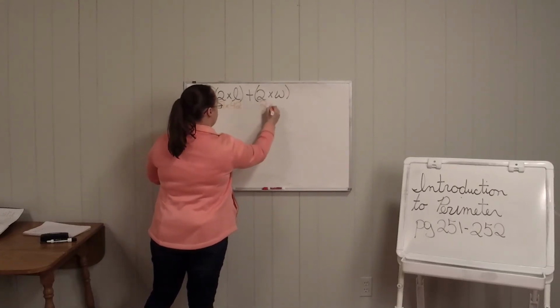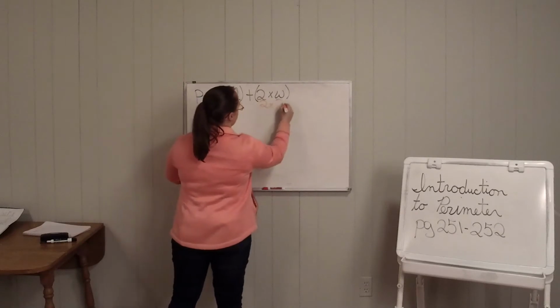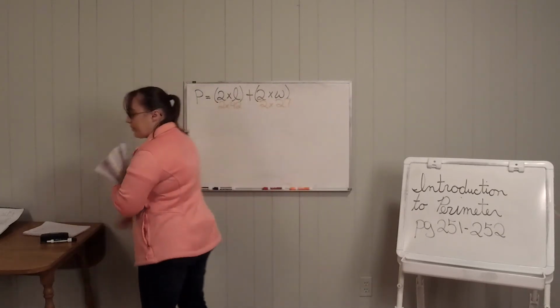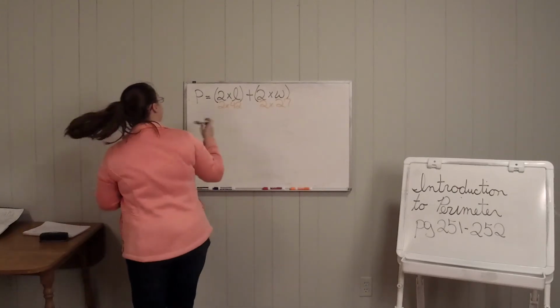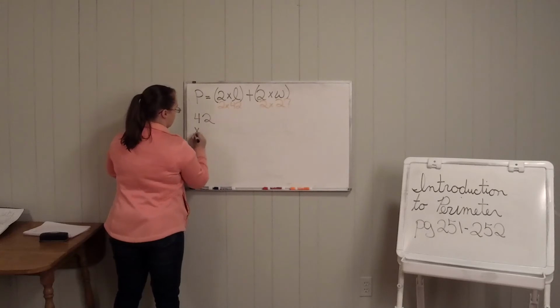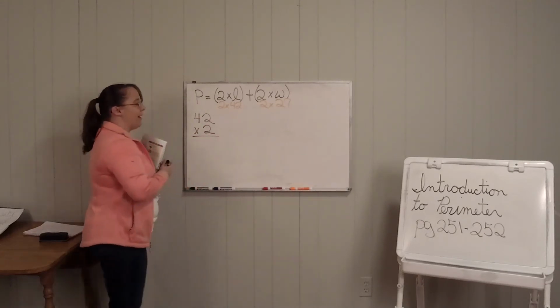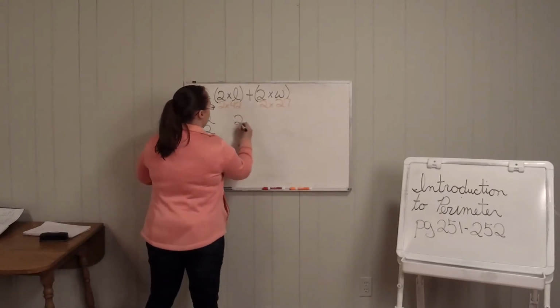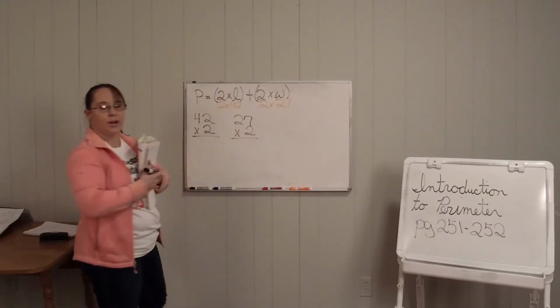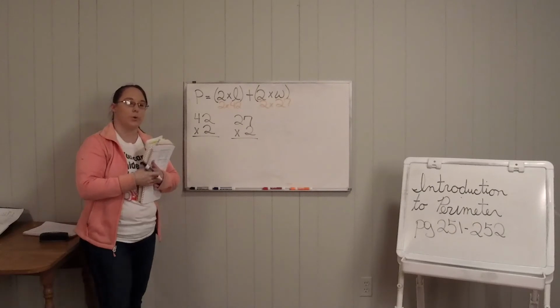The width would be 2 times 27. Alright, we're going to work that problem out together. Okay, 42 times 2. Think about it. And you're going to have 27 times 2. So think about those two problems right now. Work them out.